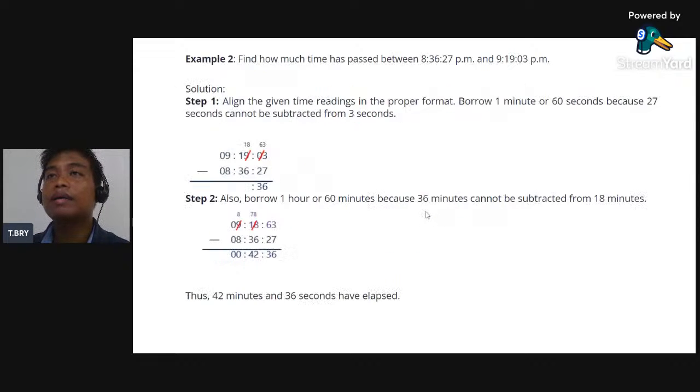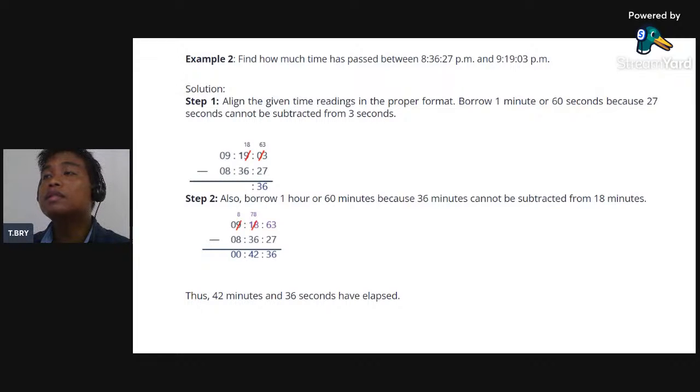Example number 2: find how much time has passed between 8:36:27 p.m. and 9:19:03 p.m. Solution. Step 1, align the given time readings in the proper format. First write the end of the event, 9:19. Then subtract.